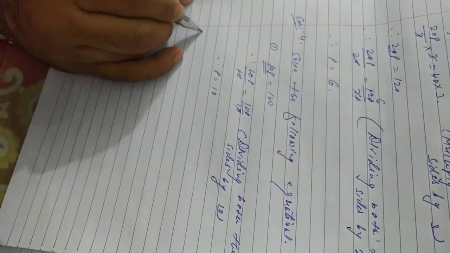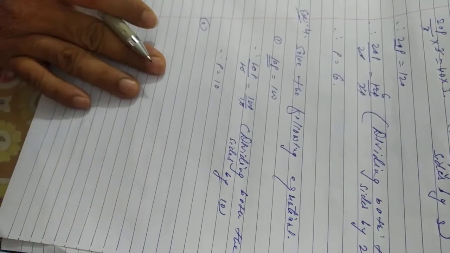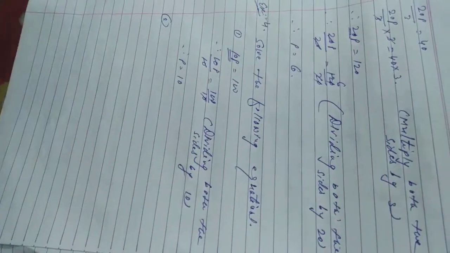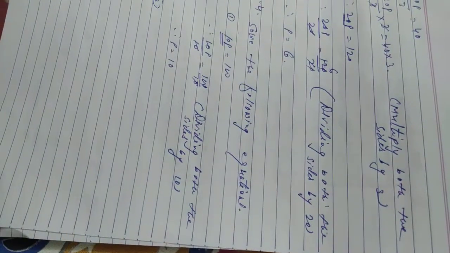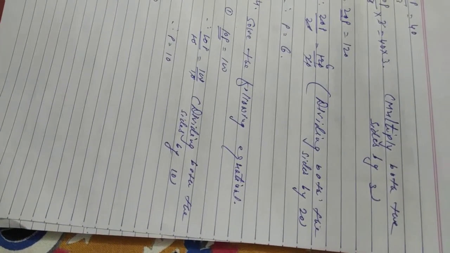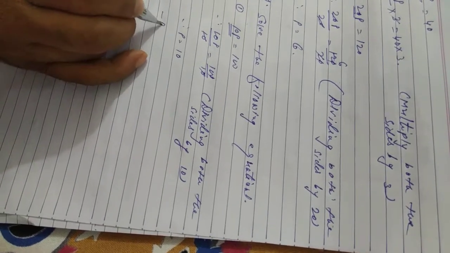So all of you understood? Sure? Good. Now let's see another one, example D, which has a minus sign. Minus p upon 3 is equal to 5.